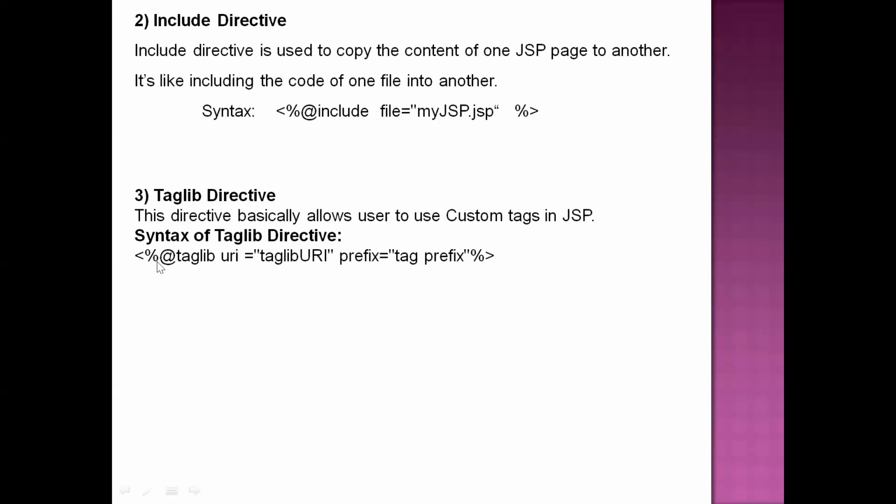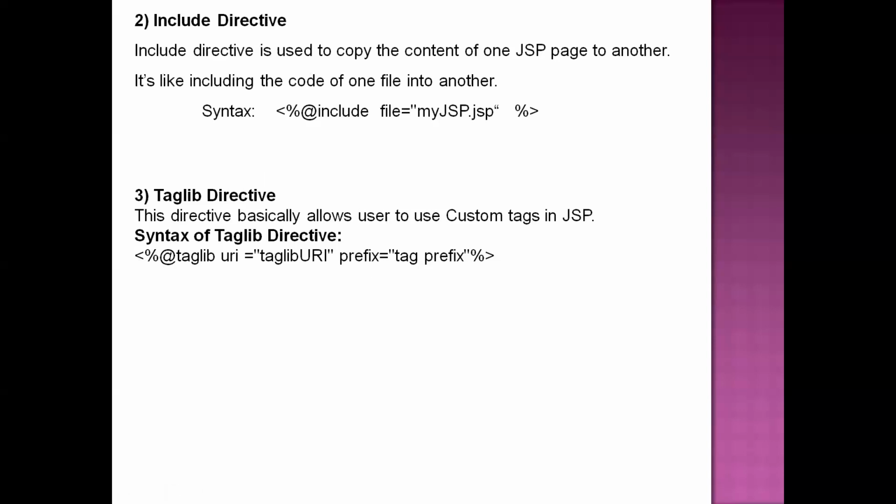How to use this taglib directive is <%@ followed by the name of the directive, taglib. Then the URI; here you have to specify the taglib URI. In the next session I will show you what URL you have to specify. The second attribute is the prefix attribute.